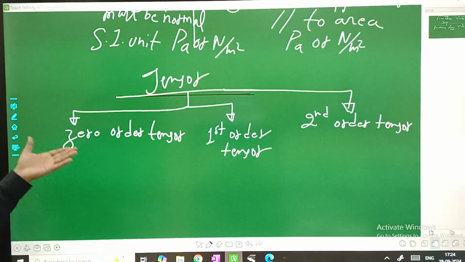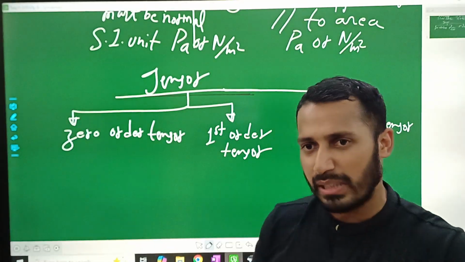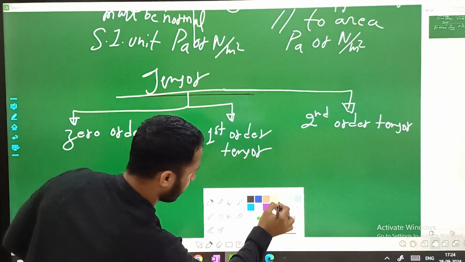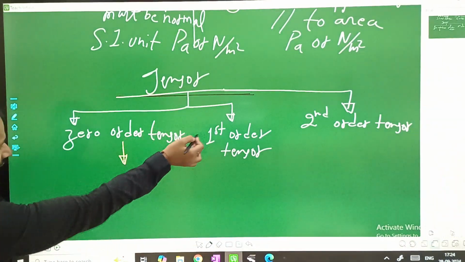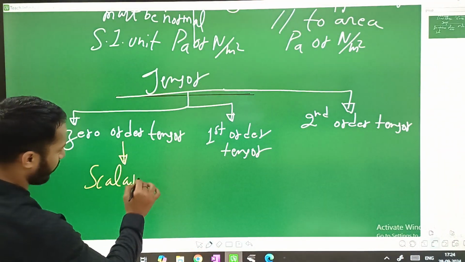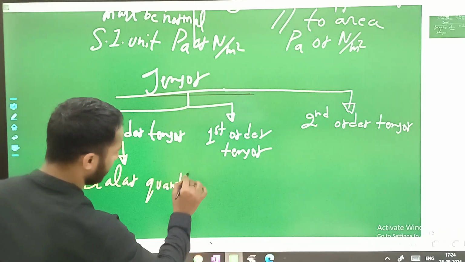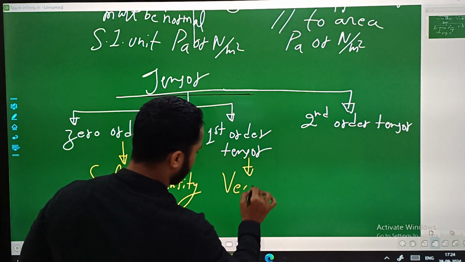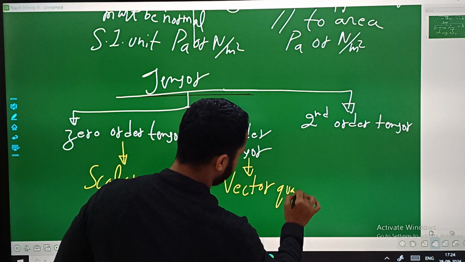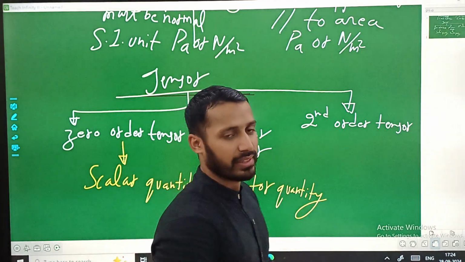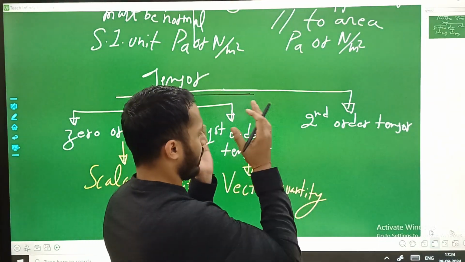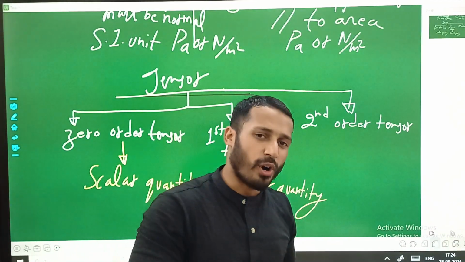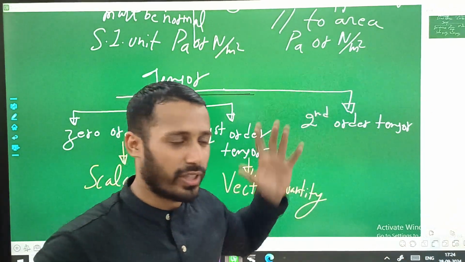So what is zero order tensor? For now, you just keep in your mind, zero order tensor is called a scalar quantity. I will tell you how. And first order tensor quantity is known as vector quantity. And my dear, second order tensor quantity is given no other name. Actually, the second order tensor quantity itself is called tensor quantity or simply second order tensor.